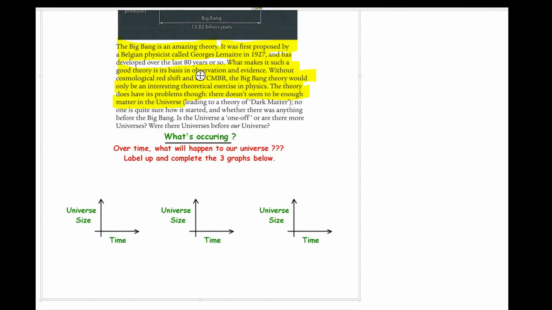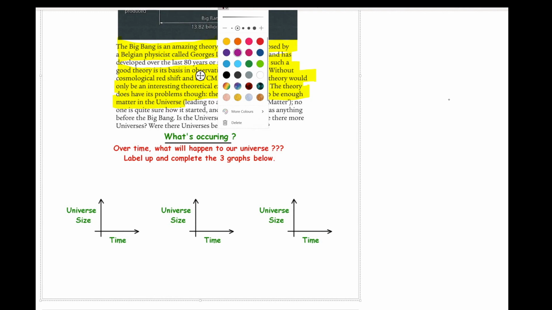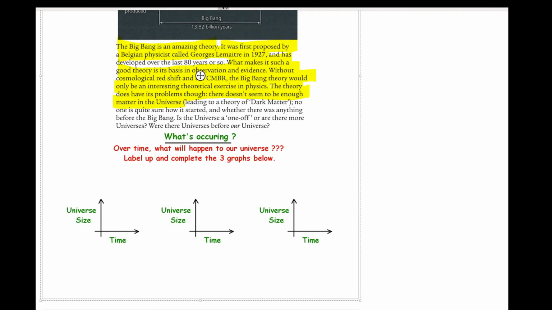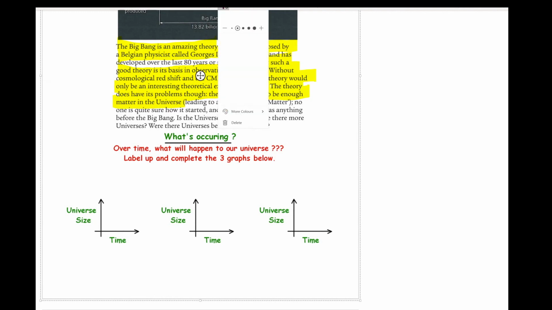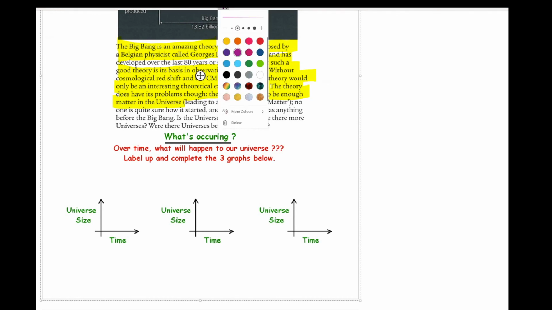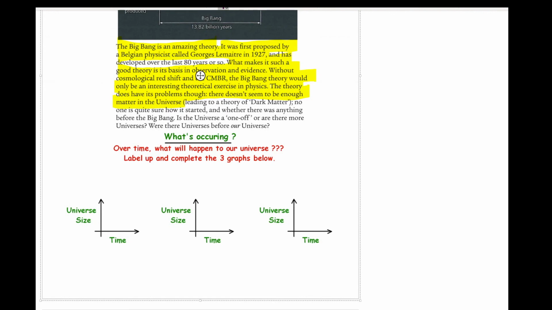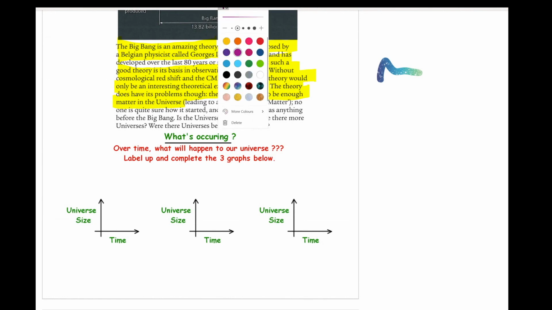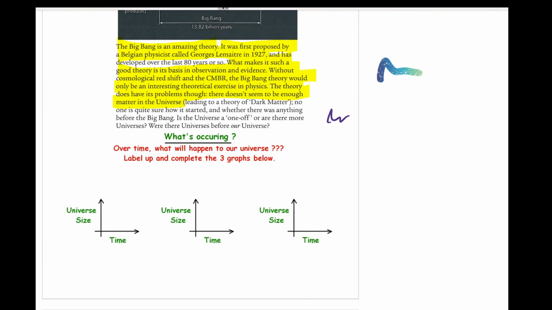How is our universe going to end? Well, don't worry, it isn't going to end too soon, but there are three ways that our universe could go. Right. How's it all going to end?